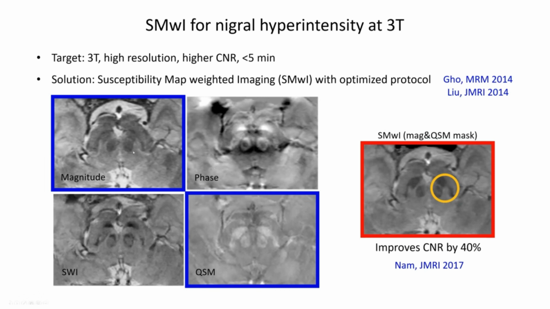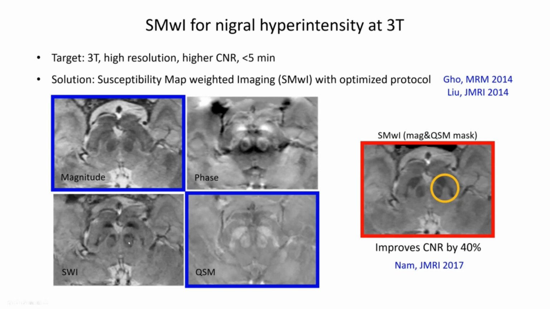If you look at the magnitude, yes, you can see some of the signatures of this hyperintensity. And when it comes to the phase, you really need to do the deconvolution of the dipole pattern, which results in this QSM map. And that also shows the signature of the nigral hyperintensity.